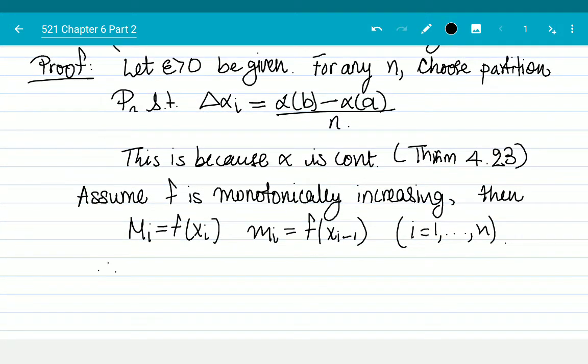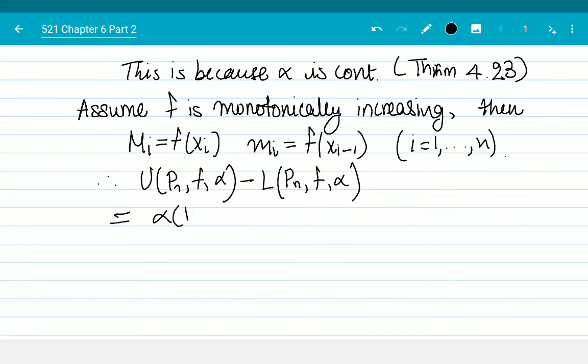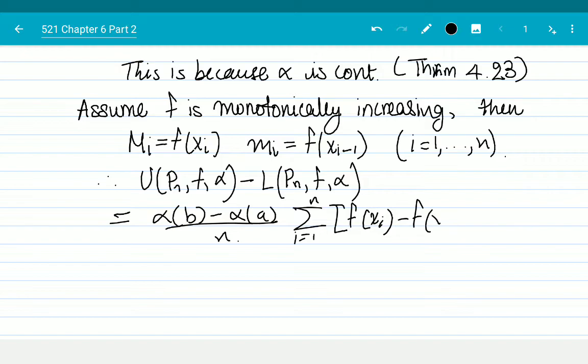And therefore, U(Pn, f, alpha) minus L(Pn, f, alpha) is equal to (alpha b minus alpha a) over n, which is my delta alpha i, times the summation i equals 1 to n of capital Mi minus small mi, which is f of xi minus f of xi minus 1.